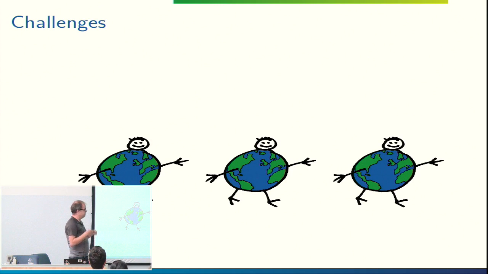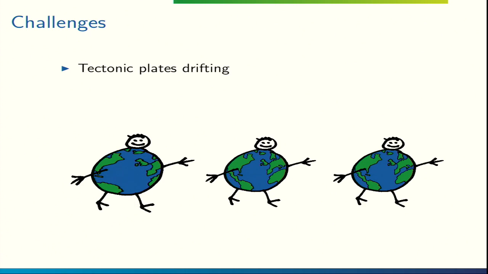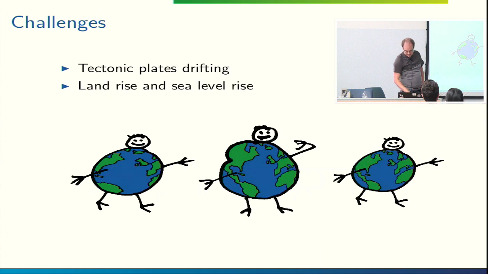Okay, there are a few challenges to this. First of all, our Earth has tectonic plates that are drifting. So even though we're in Europe now, we're actually a couple of centimeters further away from America than we were last year. These things are moving away from each other. So even if I knew exactly my position now, my position has changed tomorrow, just because of this.